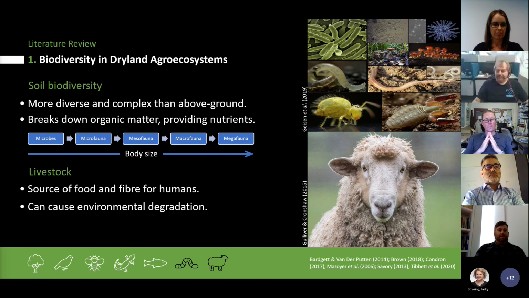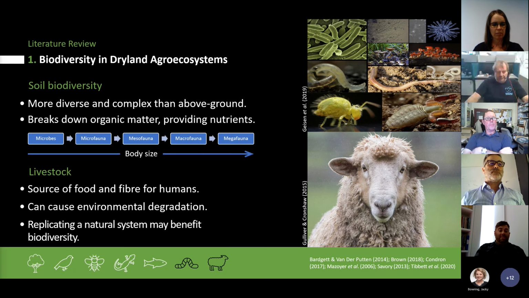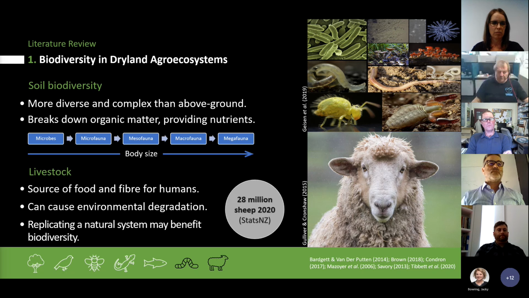Traditional farming systems, however, can cause adverse effects on the environment. And we're seeing change in farming systems today in response to this. One of those is a suggestion that replicating a natural system of herd management, as we've seen in some of the African plains and North American plains, may benefit biodiversity and restore environmental health.